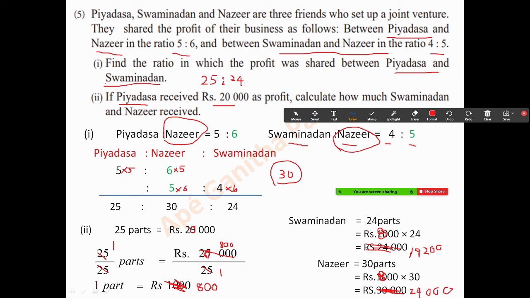So one part is 800. Now using one part, you can find Swaminathan's and Nasir's part. Swaminathan received 24 parts, 800 into 24, that is 19,200. Nasir received 30 parts, 800 into 30, that is 24,000.